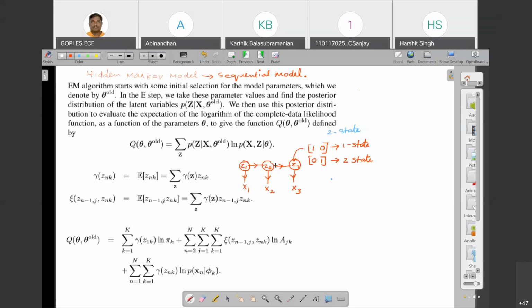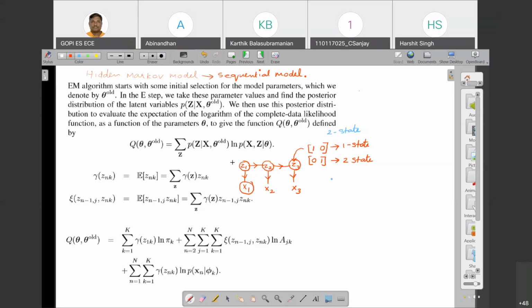Now, what is the requirement? Our requirement is to find the hidden parameters that model this. So what are all the parameters involved in it? You are in some particular state. What is the probability that the vector x1 is generated from that? X1 could be generated from either state 1 or state 2.